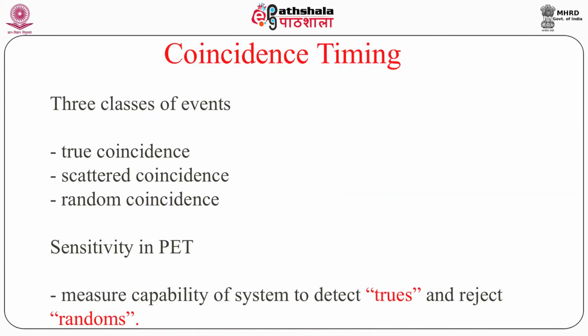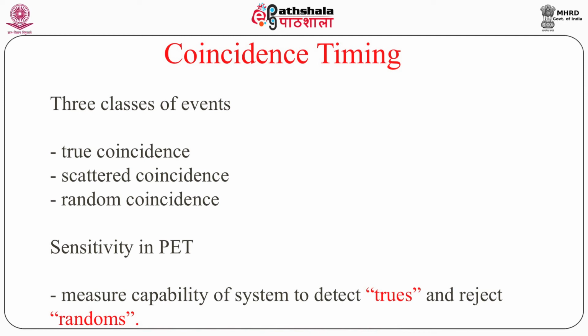Now when we talk about coincidence timing, as we discussed in the previous slide, there are three classes of events: true coincidence, scattered coincidence, and random coincidence. And if you see the sensitivity, PET is more sensitive than SPECT for many reasons. The measuring system should detect trues and reject randoms.